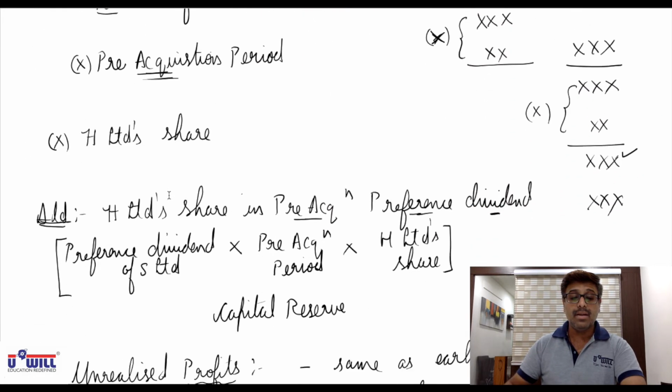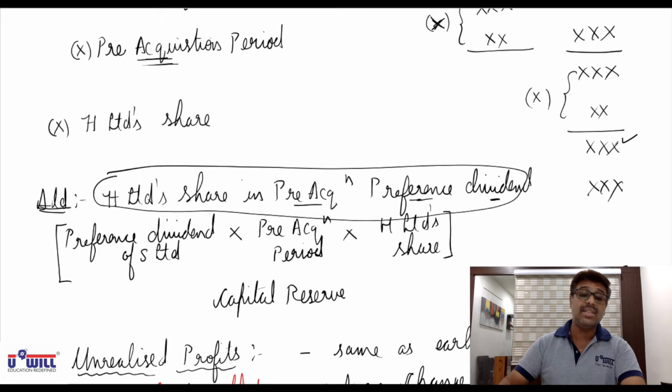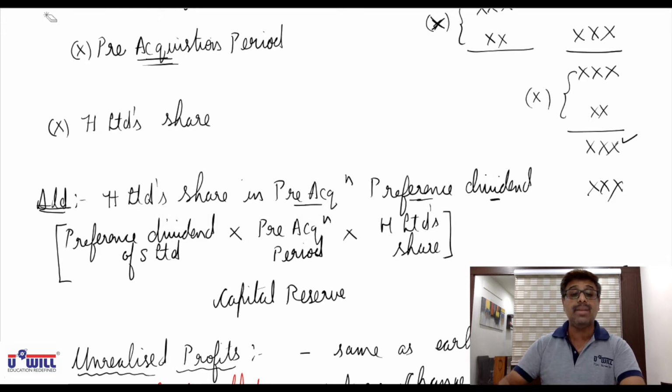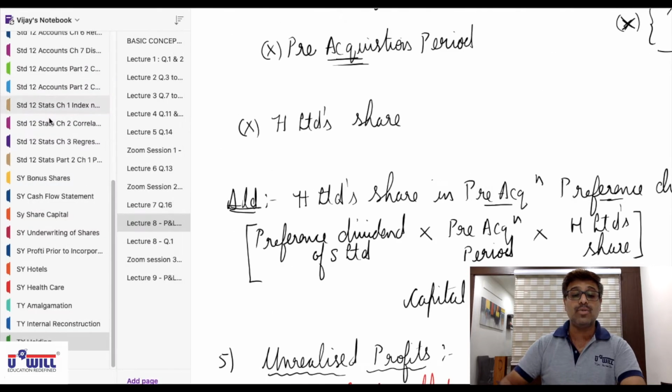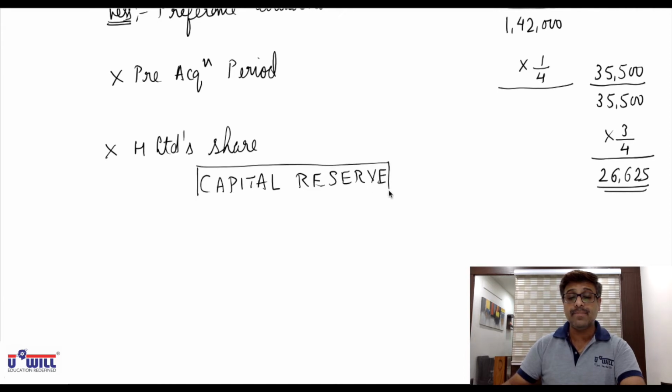Here they are not acquired, so we don't have to add any pre-acquisition preference dividend. This itself is the amount of capital reserve. 26,625 itself is the amount of capital reserve.